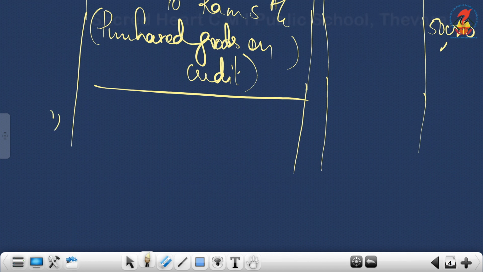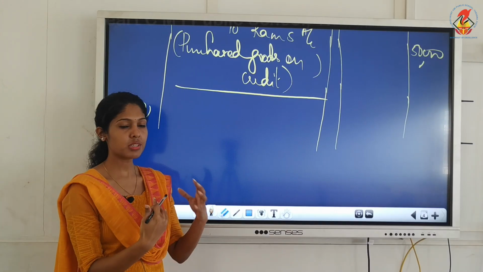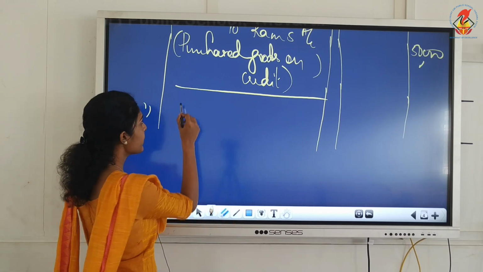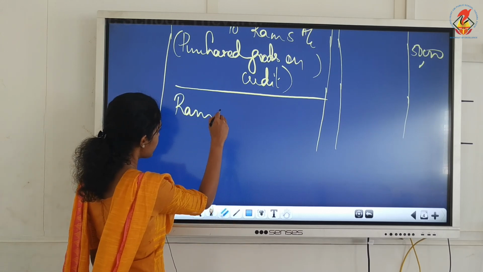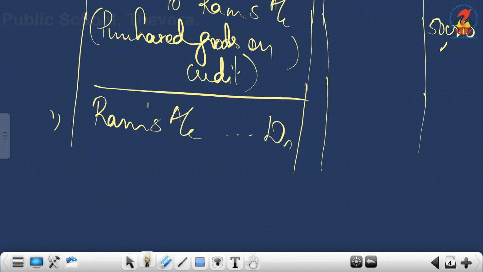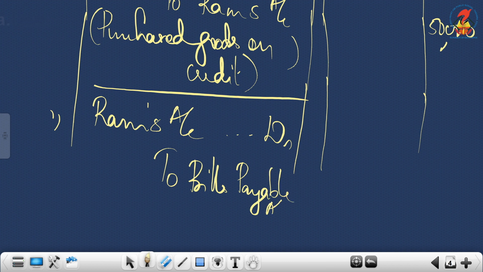Then what happens? Now we are the purchaser, we purchased goods. Are we paying them cash? No, we are going to give them bills payable. So Ram is given bills payable. So Ram's account debtor to, don't write to cash, you must write to bills payable. It's the same amount.